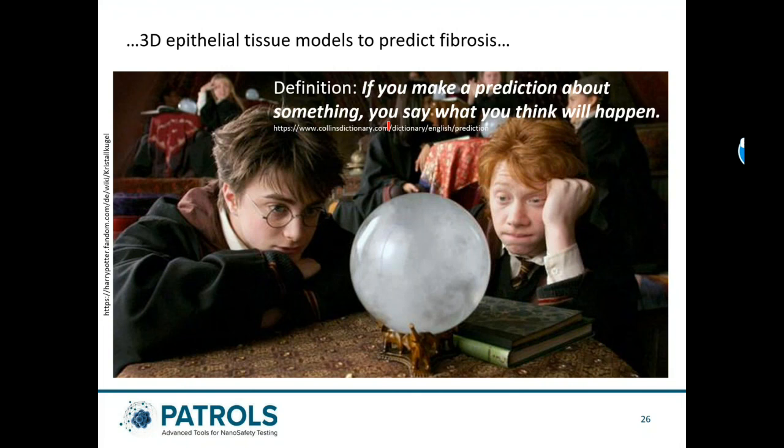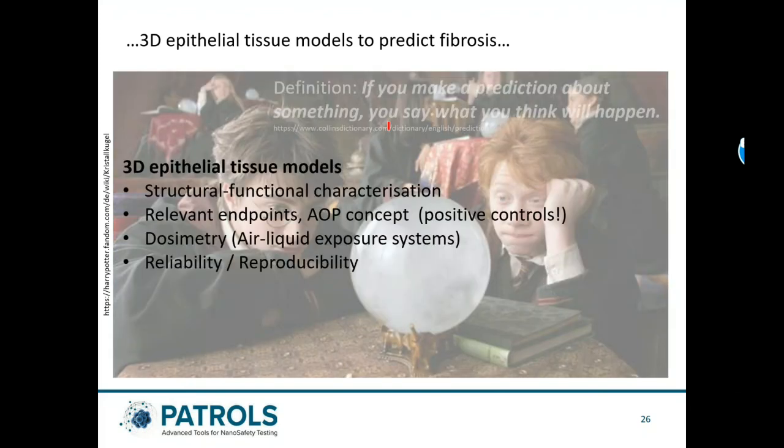And we really need a combination of different techniques, acute exposure, chronic exposure. We need animal experiments to really get the complete picture. So for the epithelial tissue models we use and we further optimize, it's very important to have the structural and functional characterization also over long term.